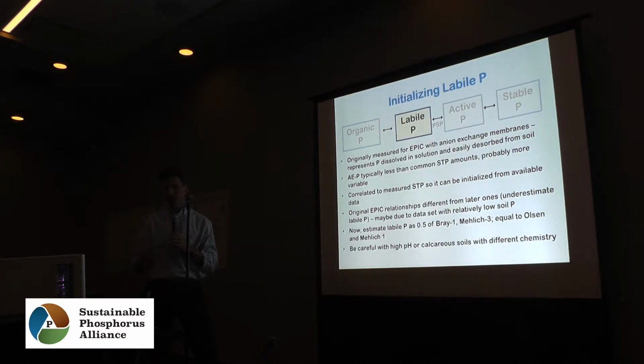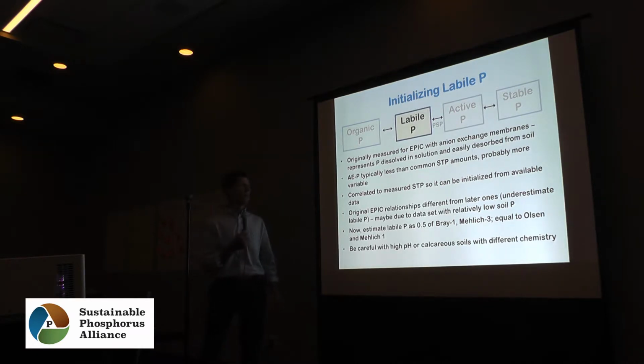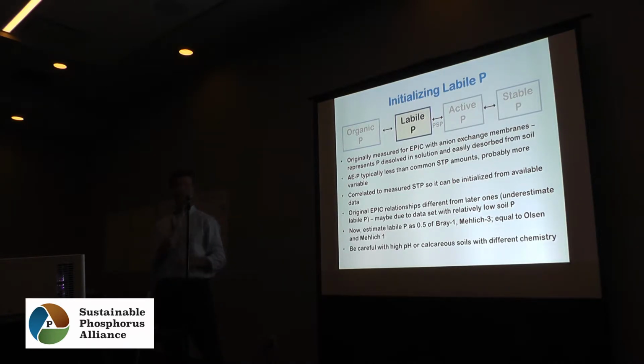So the first thing is initializing that labile P. If you go back into Andrew's original papers, they measured this with anion exchange membranes, as I remember. Those membranes are designed so that you take soil, you put it in a tube, you shake the tube, the phosphorus is coming off of the soil into the water, and that membrane is like a plant root.